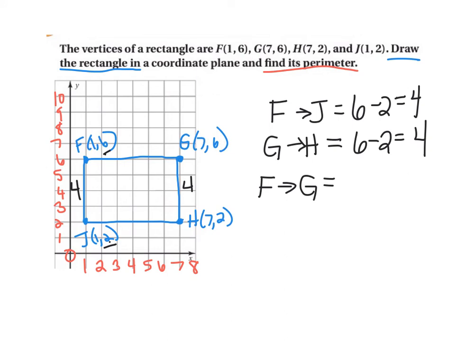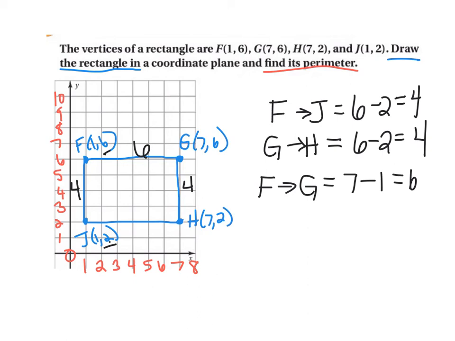So we're going to focus on our x coordinates, and we start with the bigger one, which is 7. From that 7 we take away the 1, which is this coordinate right here, and 7 minus 1 equals 6. So that tells us the distance from G to F, or F to G, doesn't really matter, is 6.